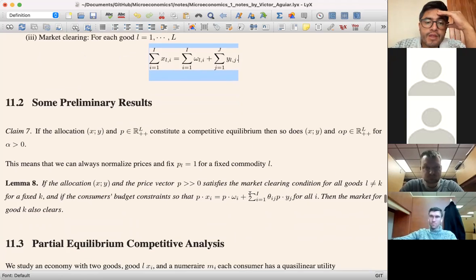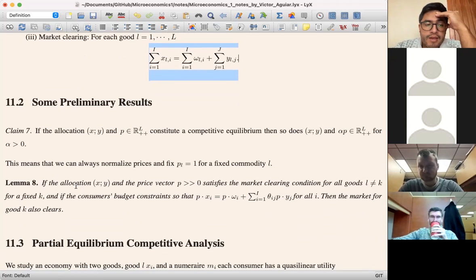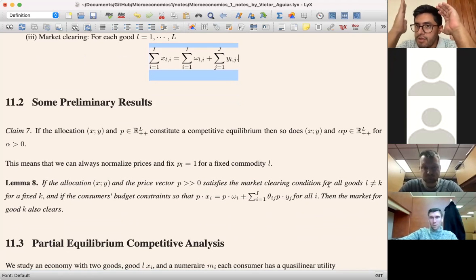Now, the other thing we want to know is Lemma 8: if the allocation X and Y and the price vector P satisfy the market clearing conditions. So remember, market clearing requires that whatever you consume is equal to whatever exists in the economy, endowments plus production. And essentially, this happens for all goods l different from k, where k is a fixed good.